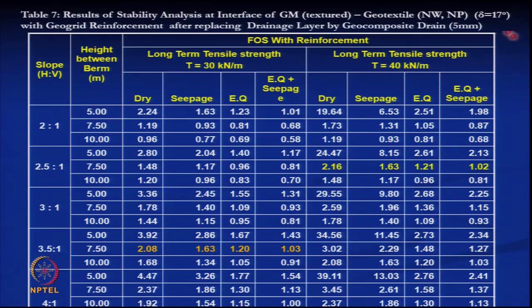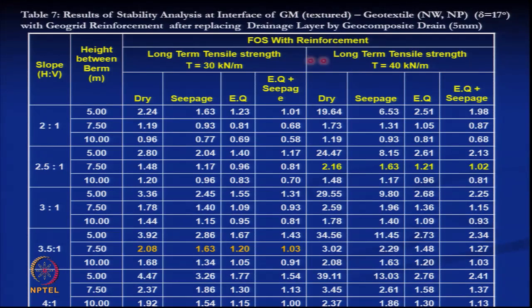Because the delta was 17. Because it was between geomembrane textured and geotextile. It was not between geomembrane and sand. Delta was 17. And 2:1, 1.19, below 1, below 1, below 1. So the slope failed.